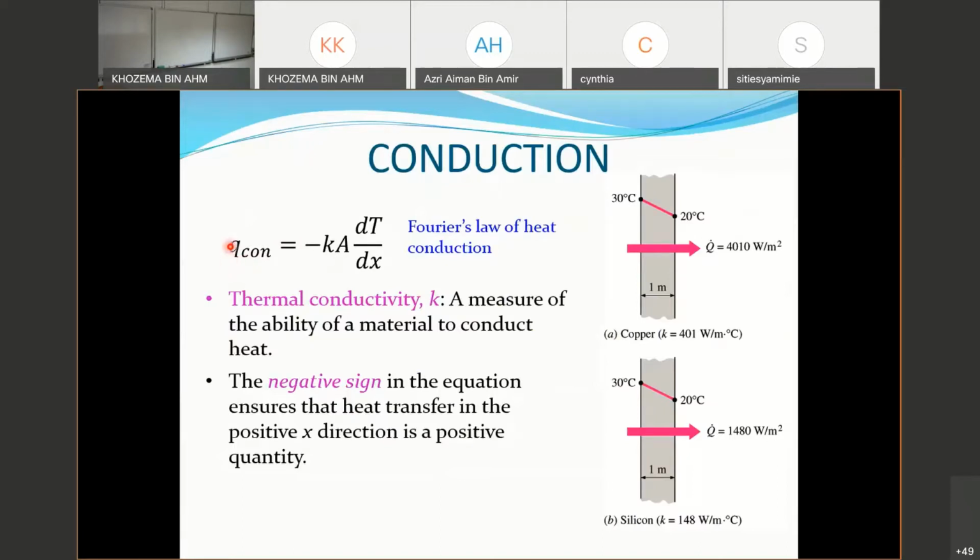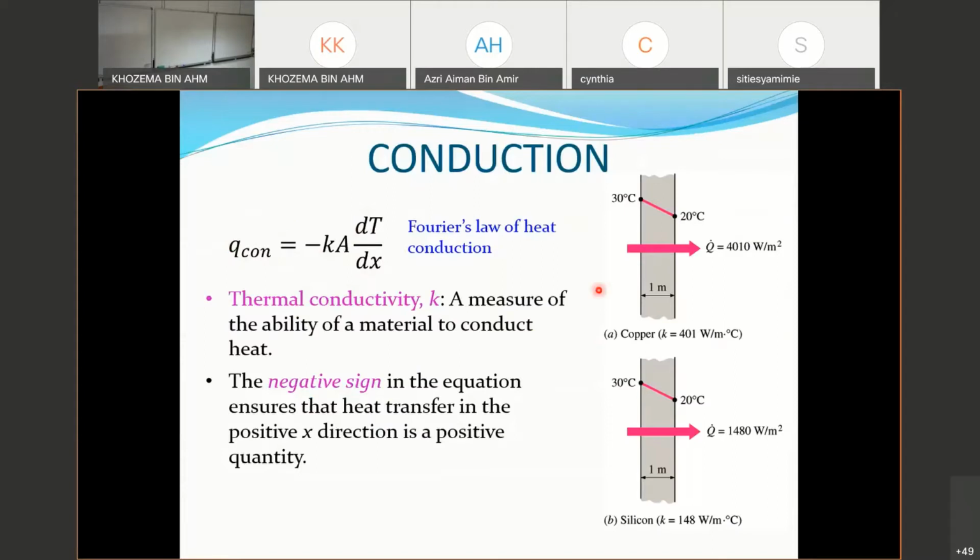So Q conduction is equal to negative K A delta T over delta X. This equation is known as Fourier's law of heat transfer by conduction.